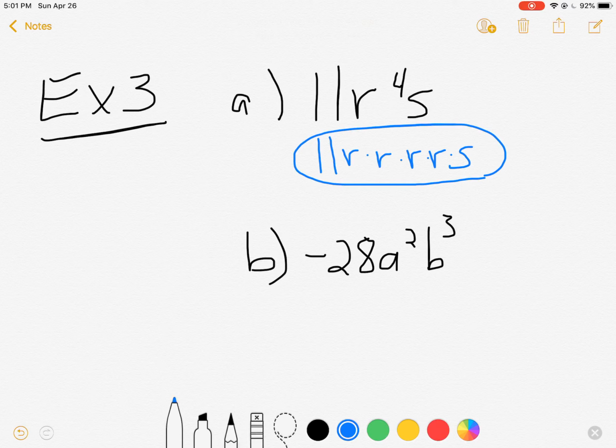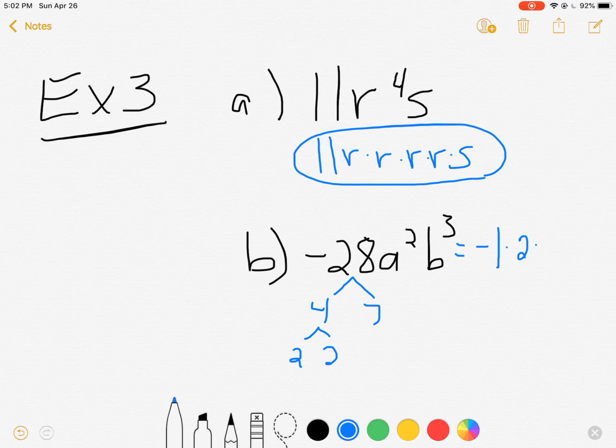On B part, 28 is composite. So when I think of 28, I think of 4 times 7. 4 is composite. That would be 2 times 2. So when I do the factoring, it's not a prime factorization. So when I do the factoring of this, I do need to represent the negative with a negative 1.